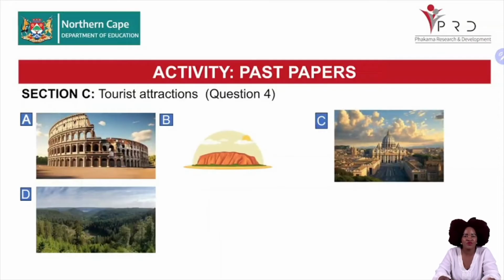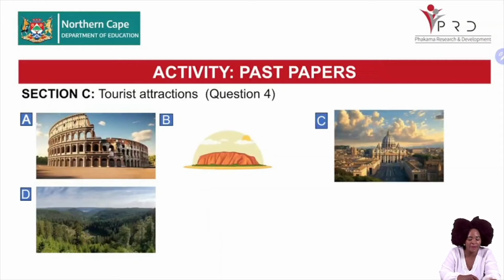I did mention to you that some of the past grade 12 learners were not able to identify these pictures, and I want to believe that you are going to be able to identify the 4 pictures in front of you. A, there is this picture here. I'm not going to say the names because in the activity you are supposed to give the names of these icons.